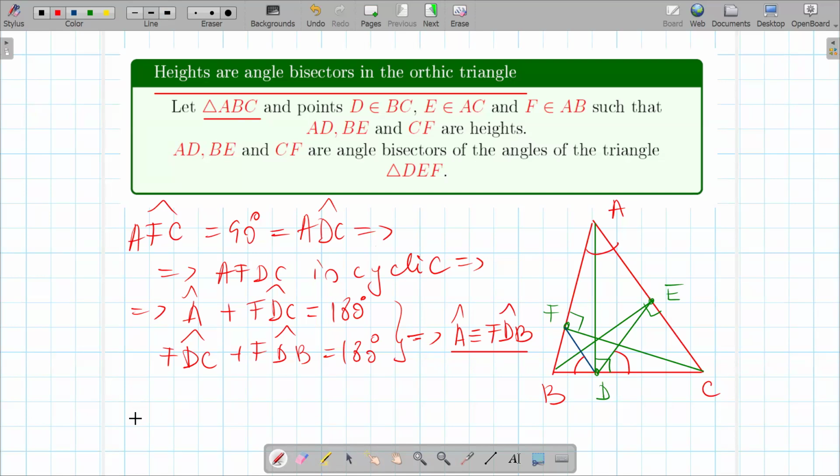Okay, again, this is a little homework for you. So we will conclude further by virtually an identical argument that the angle FDB is congruent to the angle EDC and with angle A, no?